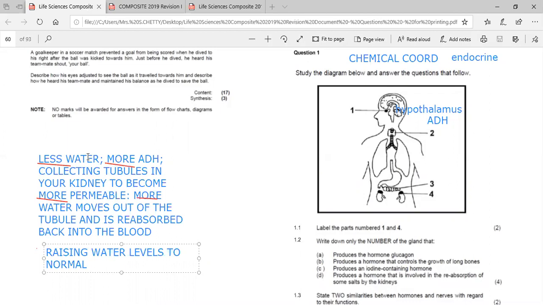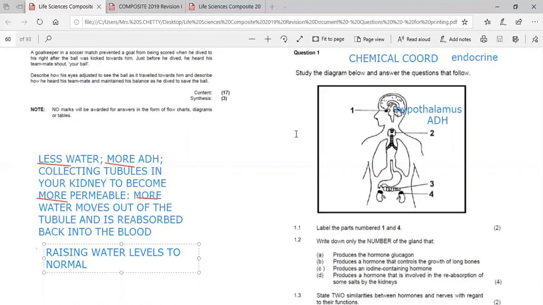Of course, you do the opposite if there's a lot of water in the blood. Your hypothalamus becomes aware. By the way, the receptors in the hypothalamus that detect water are called osmoreceptors, from the word osmosis.